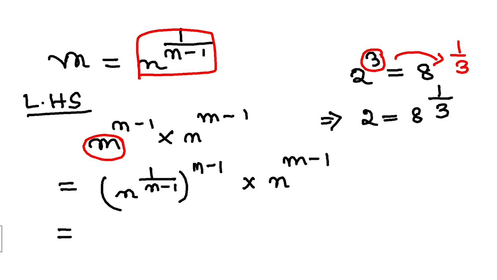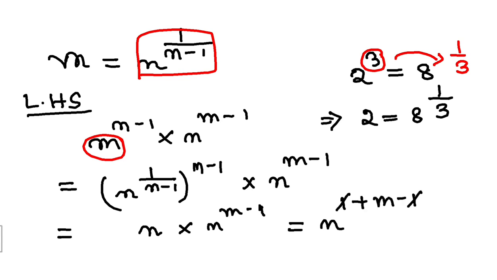Now this means n minus 1 will be cancelled. I will be left with n into n to the power m minus 1. So this is equal to n to the power, powers will now be added, 1 plus m minus 1. So 1 and 1 cancel, which is equal to n to the power m. That is your right hand side.